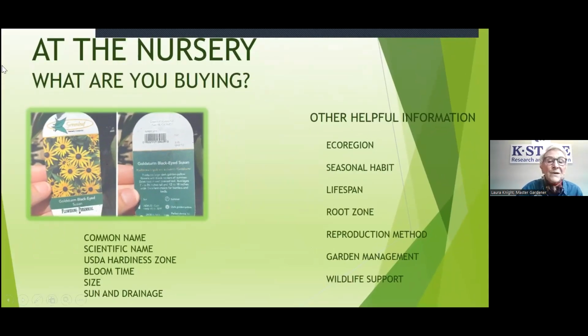At the nursery, when you are buying, this is what you're going to get. The common name, the genus and the species, the good old Linnaeus, USDA hardiness zone, bloom time, size, sun, and drainage.